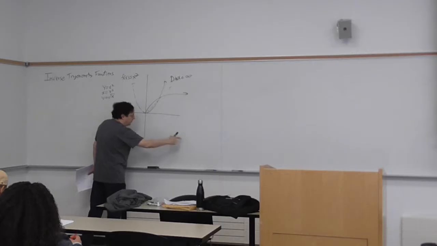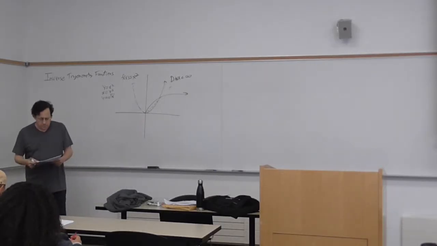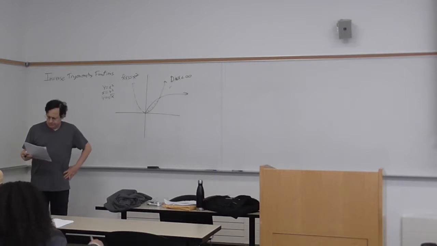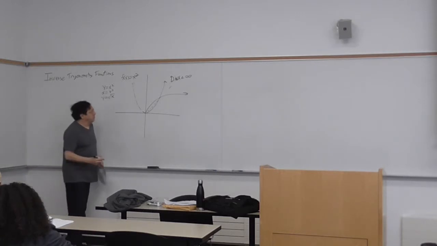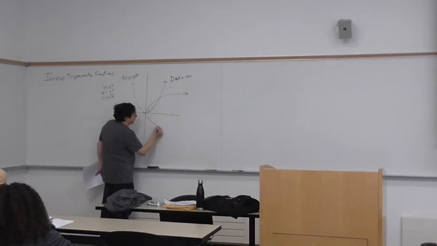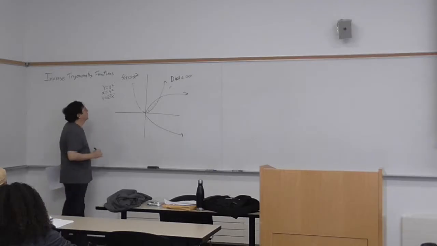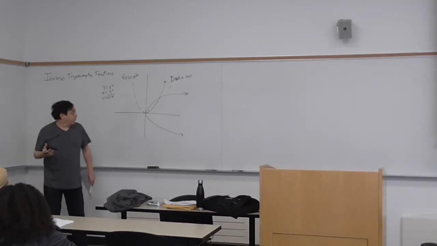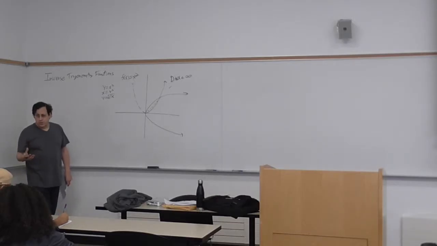Negative square root of x would be like this, but if we had that, it wouldn't be a function. We could describe this as plus or minus the square root of x. For each x, except 0, we'd have two values, and it wouldn't be a function. It would be merely a relation or a mapping.